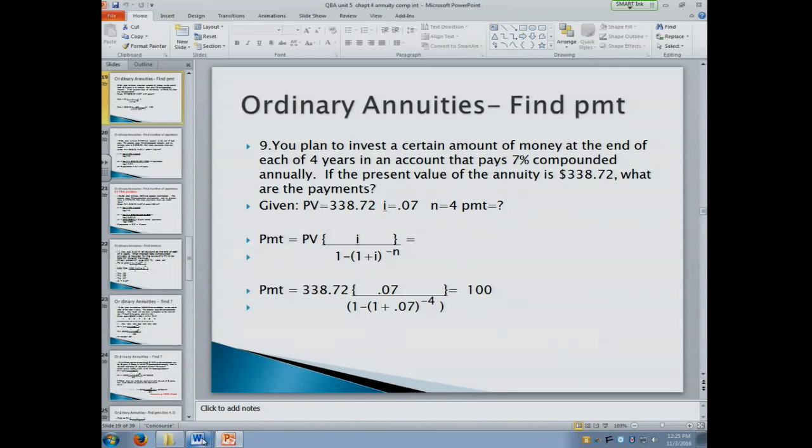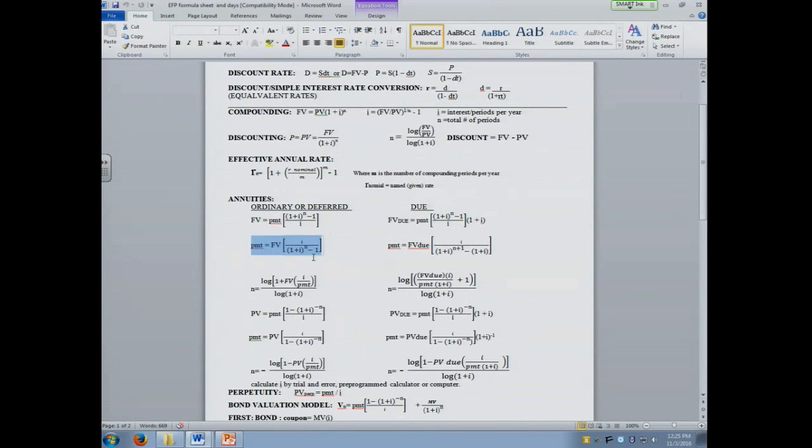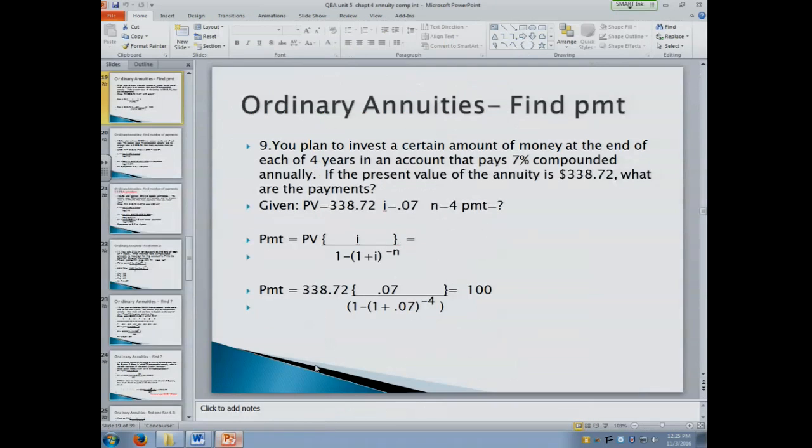Well, there's 2 formulas for payment. How do we know which one to choose? I gave you present value, so this is the formula you use. Be careful. Make sure you don't forget about this negative exponent. So with present value, you substitute it in, and you get $100 is my payment.